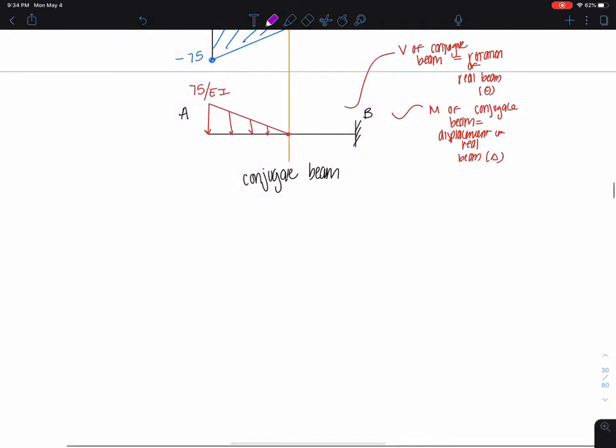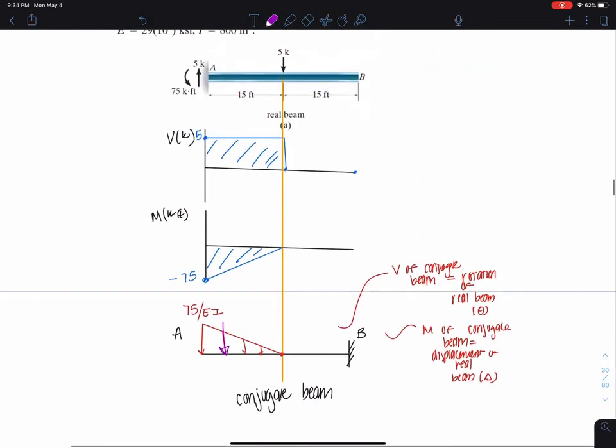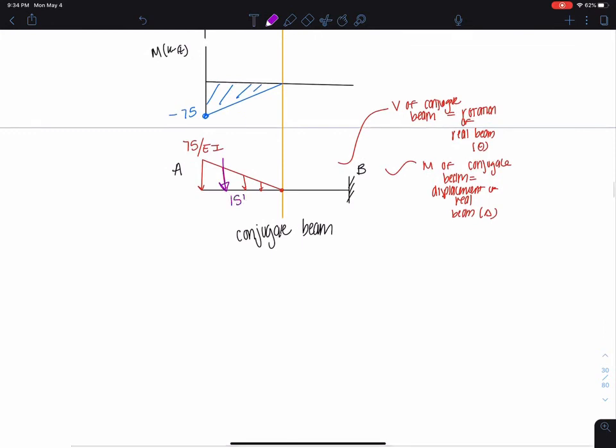Let's do this. So we have our resultant here. This is still 15 feet right here, 15 feet, 15 feet. We need to calculate our shear for the conjugate beam, our moment for the conjugate beam. Okay, and we can sum forces in the y direction, set them equal to 0.